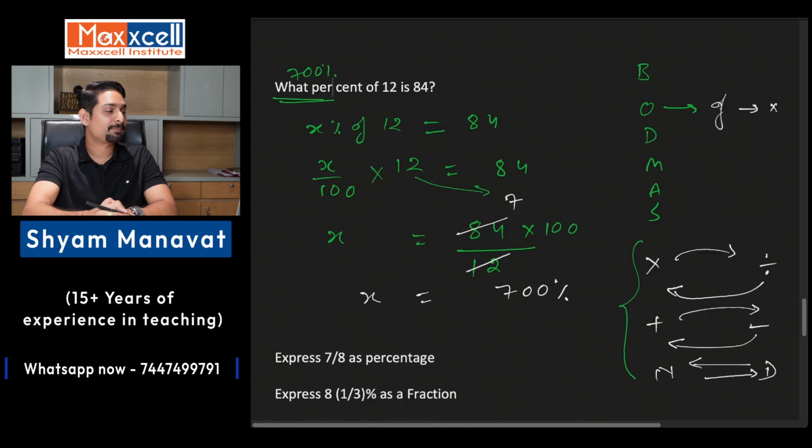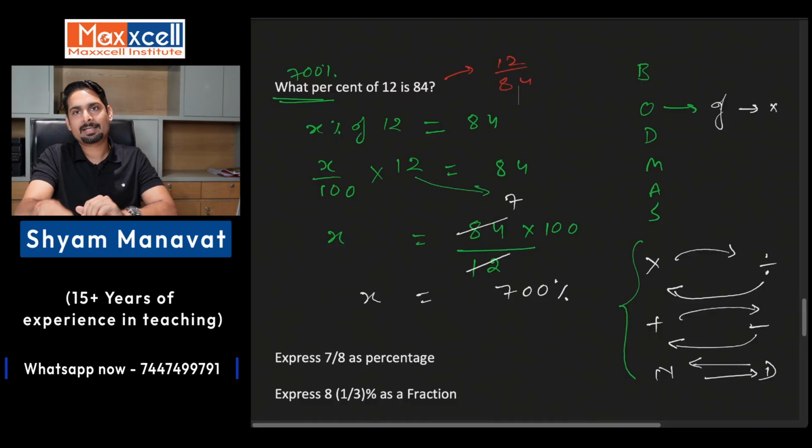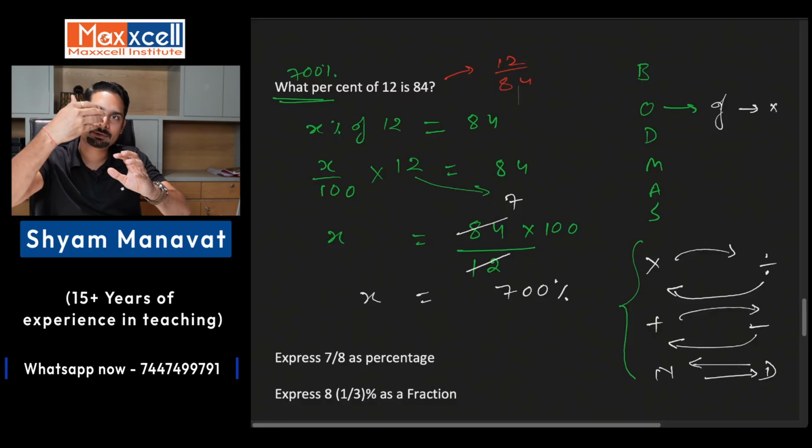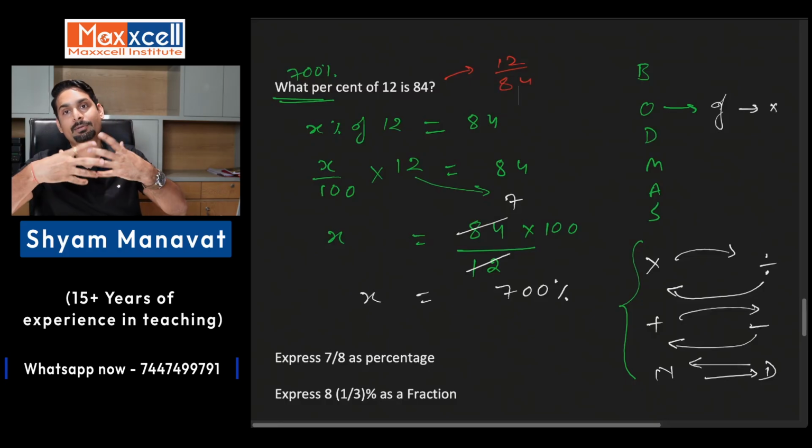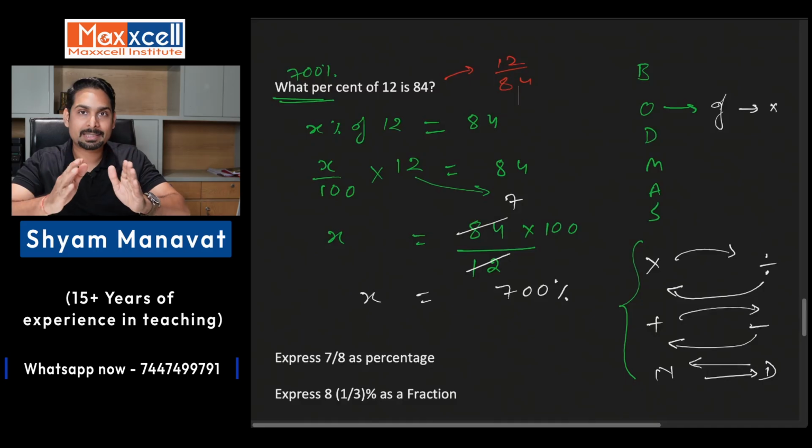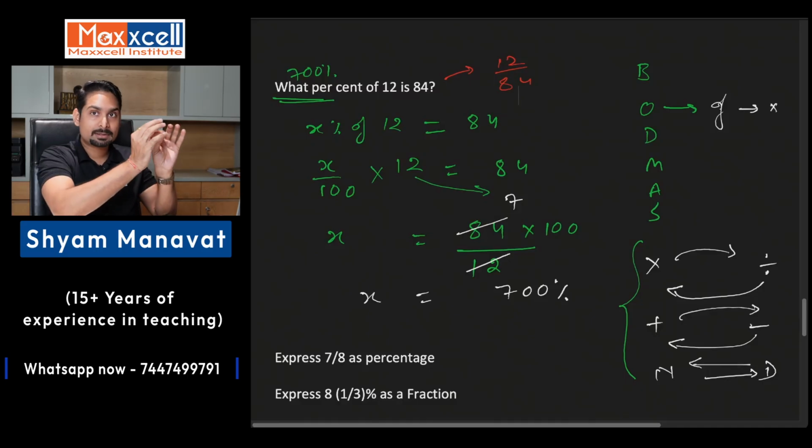Most of the students make a mistake here. I hope you are not one amongst them. They make this as 12 upon 84 because the first thing that comes to our mind is that the smaller number is in the numerator and the bigger number is in the denominator when calculating percentage. But let me tell you, this is a myth. You have to go as per the question.